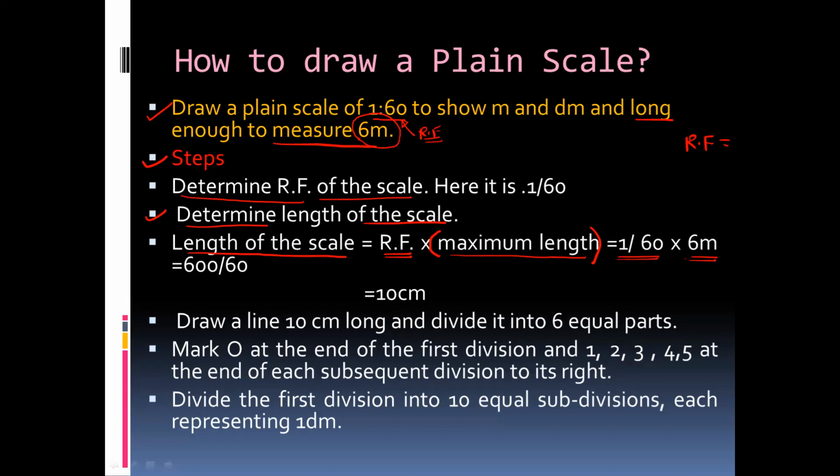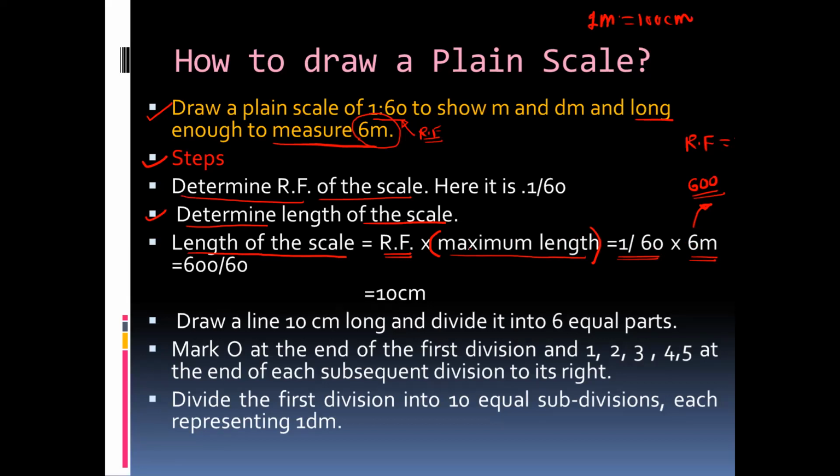So what is 6 meter? Basically we will convert this 6 meter into a smaller unit. So 6 meter is equal to 600 centimeter, since 1 meter is equal to 100 centimeter.